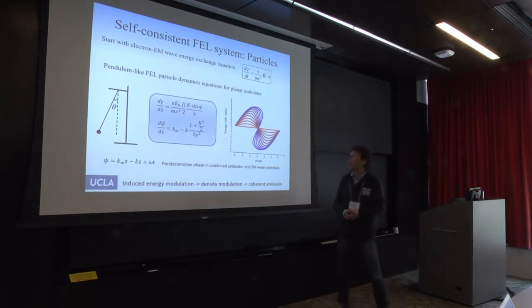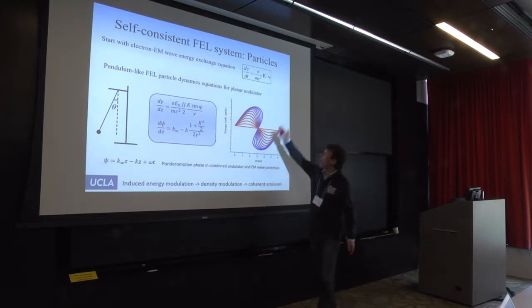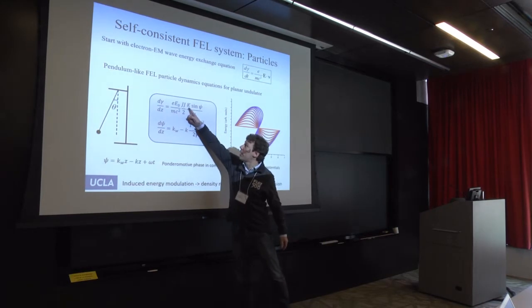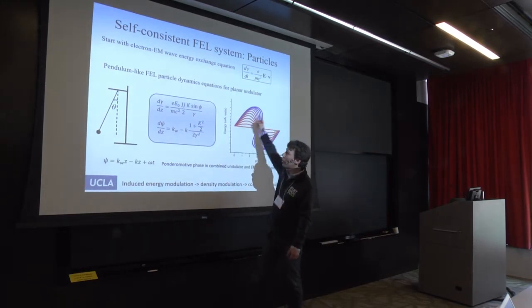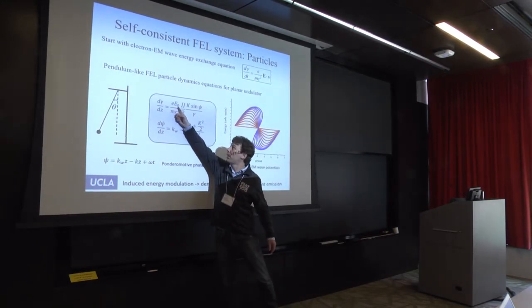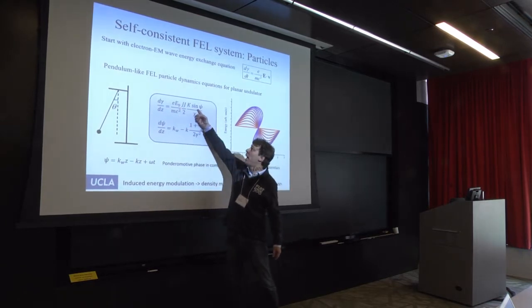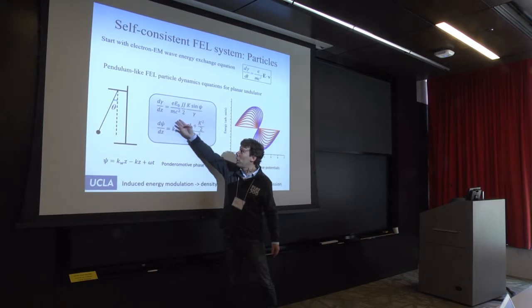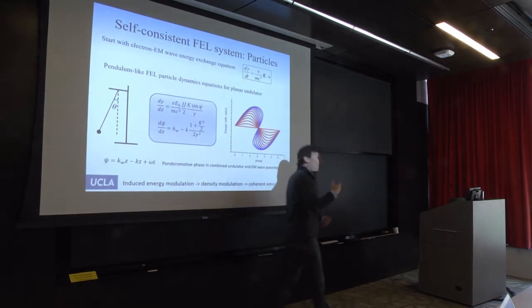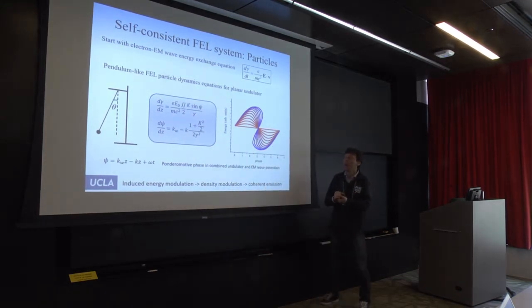In order to analyze the particle motion, you start with the energy rate exchange equation. Once you write it in a different way, you can recognize k over gamma, that's the velocity of the electron. You can recognize the electric field amplitude of an electromagnetic wave. And then this energy exchange is proportional to the sine of the ponderomotive phase, of the potential in the combined field of the undulator and the electromagnetic field.